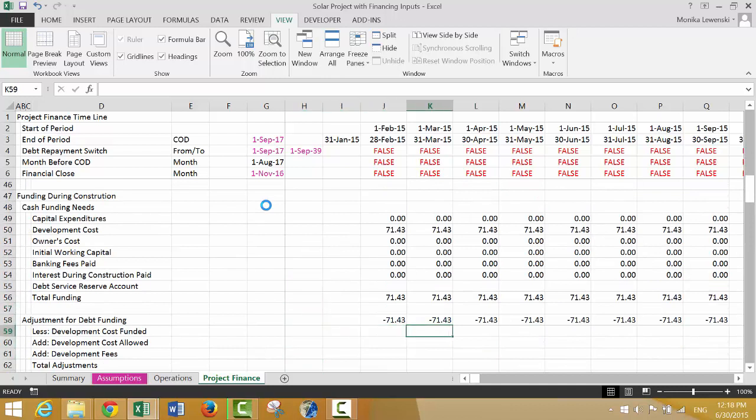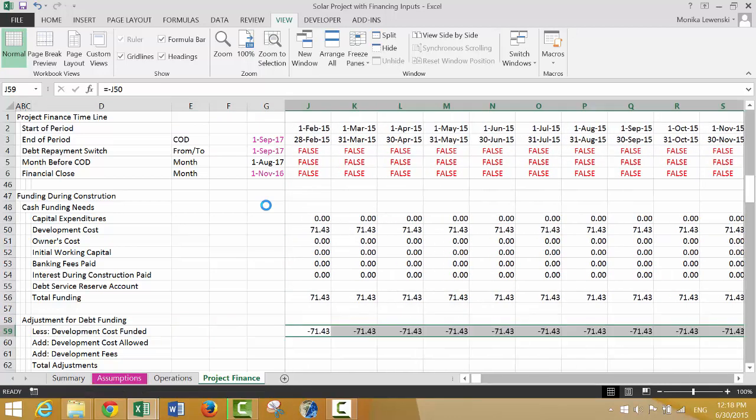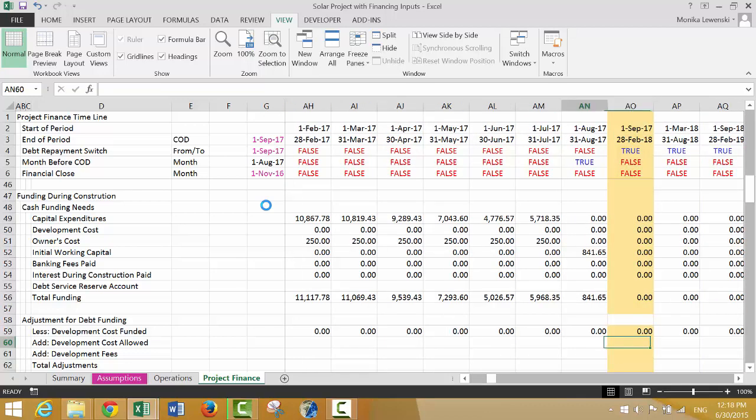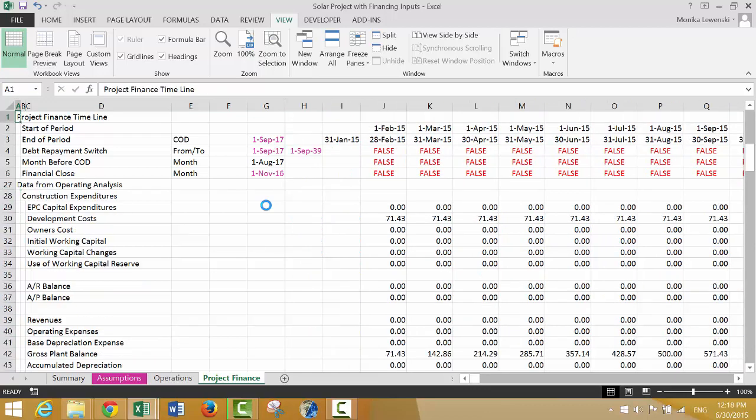Okay. Now the debt. Oops, and of course I put this Control X and Control V. That's bad. Now the amount we actually fund of this for the banks, they're going to add all this development cost and pay for them right at the financial close. I saw that there's that horrible thing that drives me crazy.